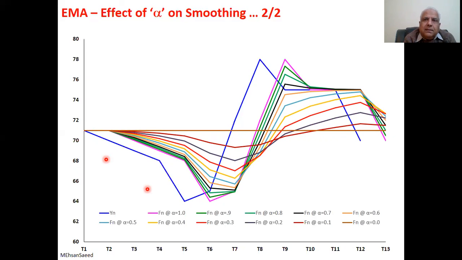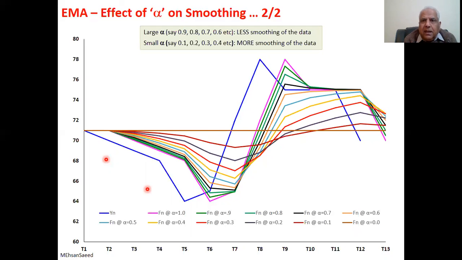I think you can make out that if the value of alpha reduces, smoothing increases, which is direct opposite to K value. In K value, smoothing increases with increased value of K. It is opposite over here.